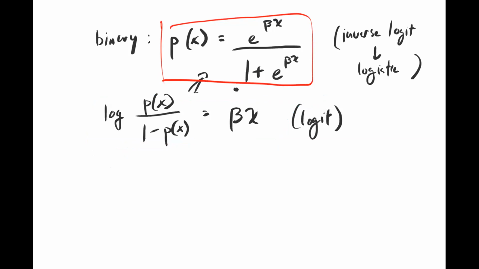Okay, so a more generalized form of the logistic would look something like this, and we're not going to derive this or anything. So now we have multiple outcomes, and I'm going to look at the probability of an outcome j.